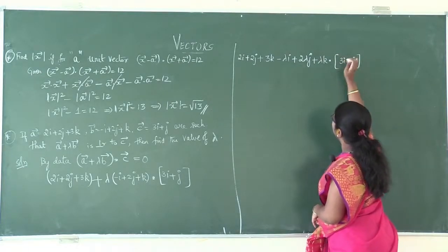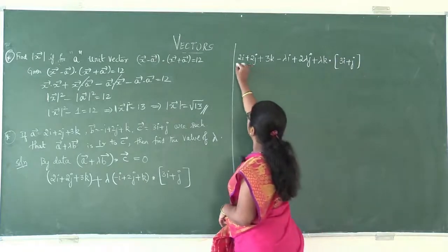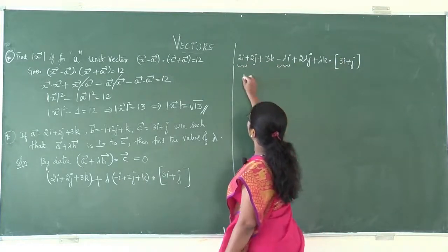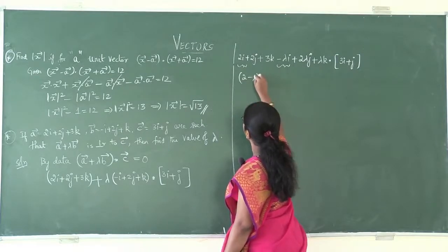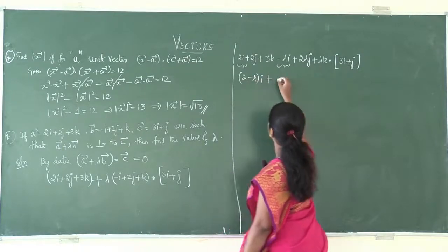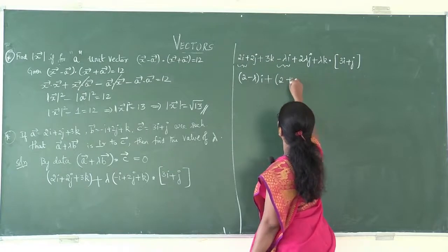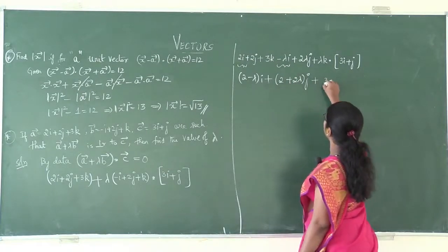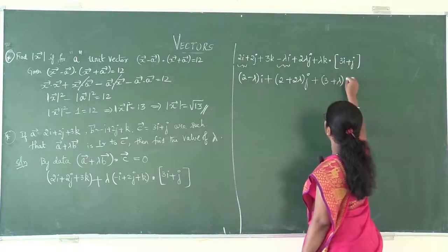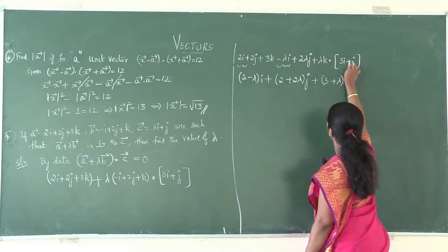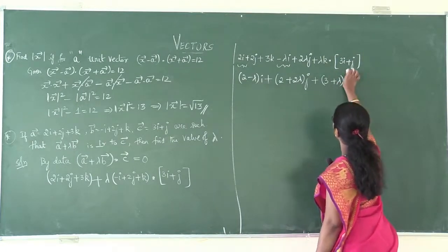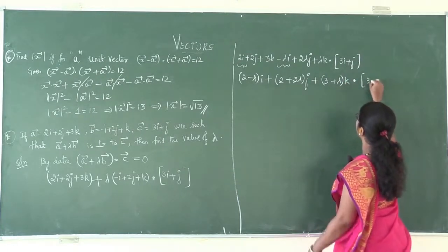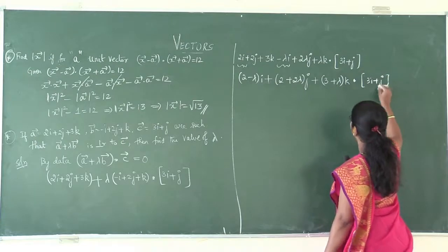So this can be written as what? Suppose I take i term outside, this can be written as what? 2 minus lambda into i plus j term 2 plus 2 lambda into j plus 3 plus lambda into k, dot product with 3i plus j.